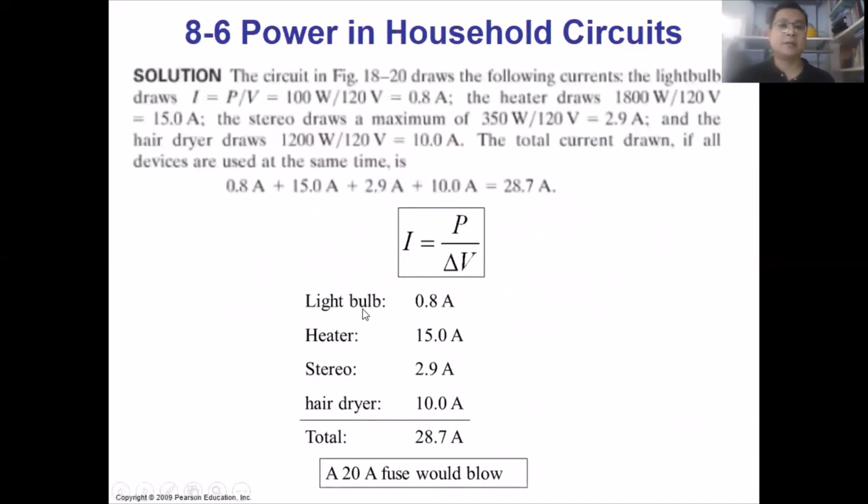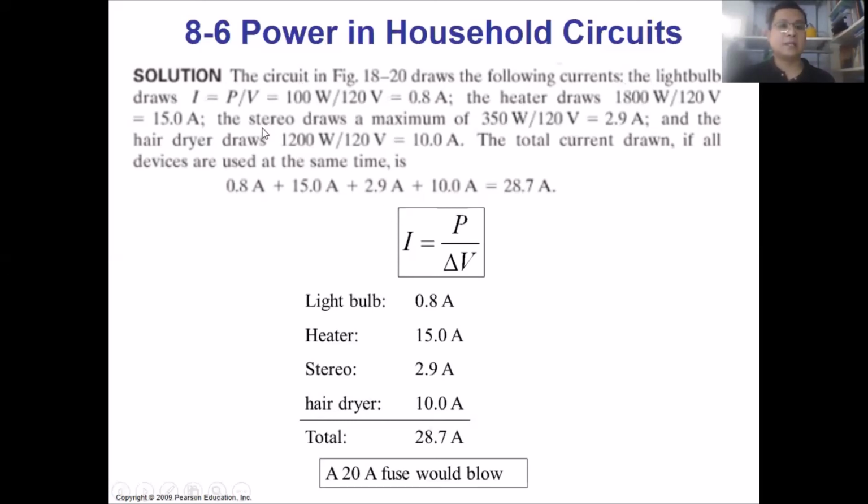Okay, we try to solve this problem. We will use the formula I equal to P over delta V. We have all the inputs for every device. P varies from 100 for the bulb, and also 1800 for the heater and so on.